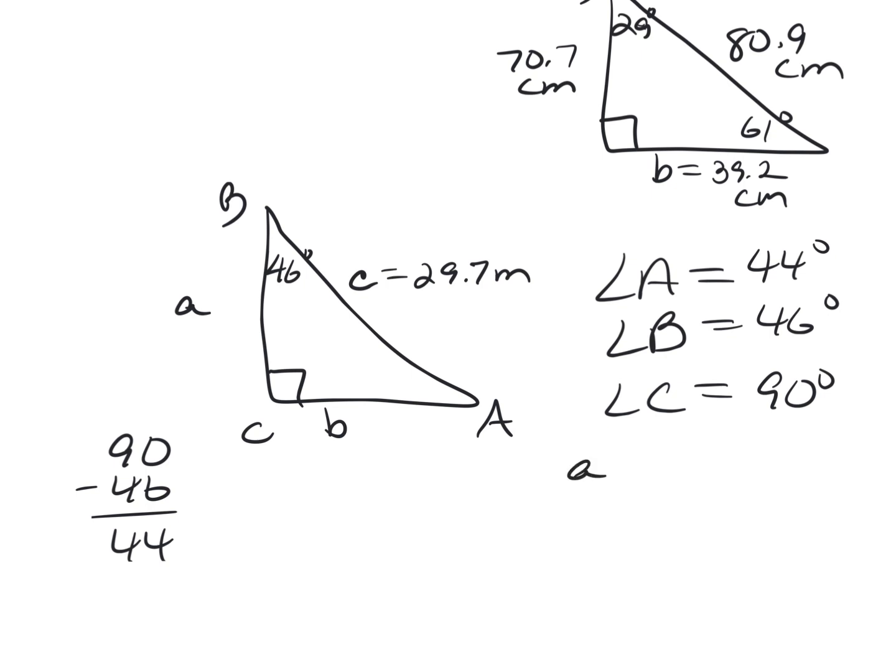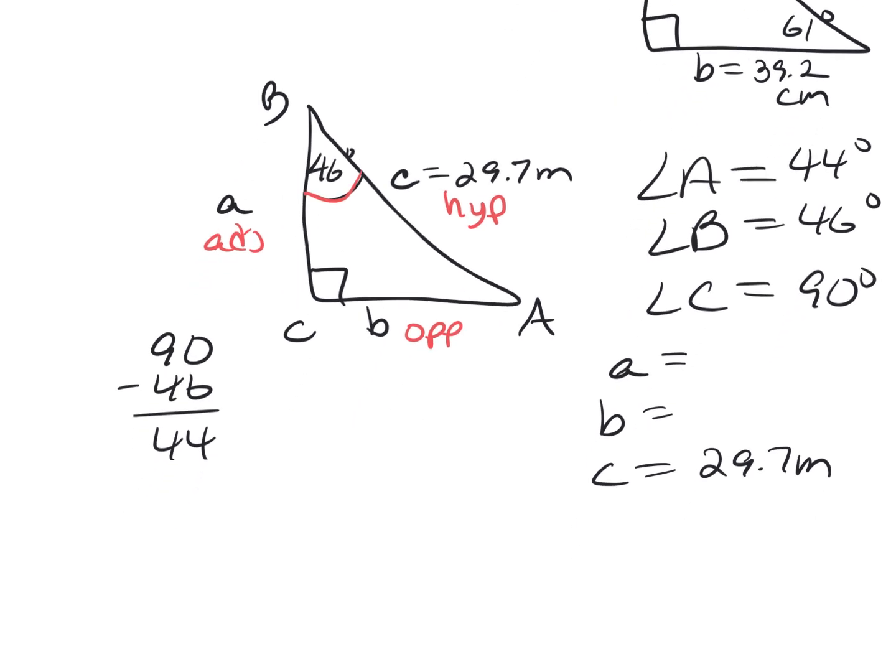Now we've got to find lowercase a, b, and c. C was given. So let's label them in relation to the 46: opposite, hypotenuse, and adjacent. If I want to find lowercase b, I'm going to be doing sine.